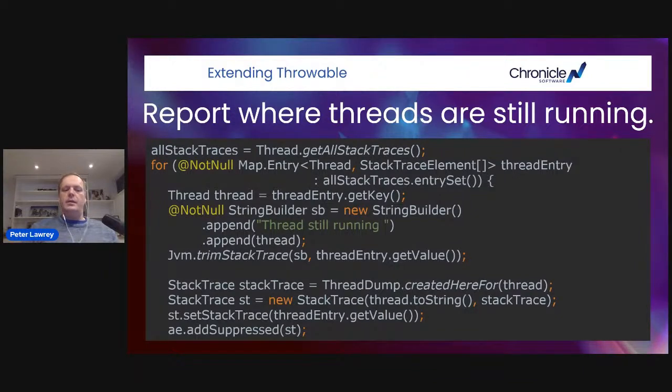And you get a really long message if there's a lot of threads, but you can see in a lot of detail what all the threads that are still running that shouldn't be are doing, and where they were created, so you can try and work out what was wrong with their life cycle. A lot of that would be very difficult to implement if Stacktrace wasn't a throwable. So you're using the machinery of a throwable to hold that.